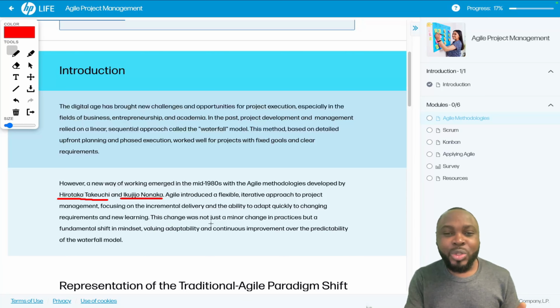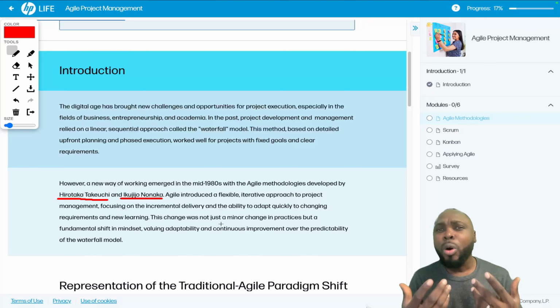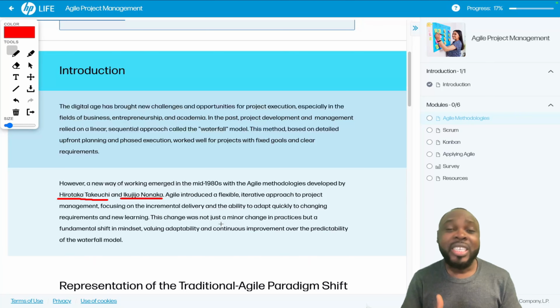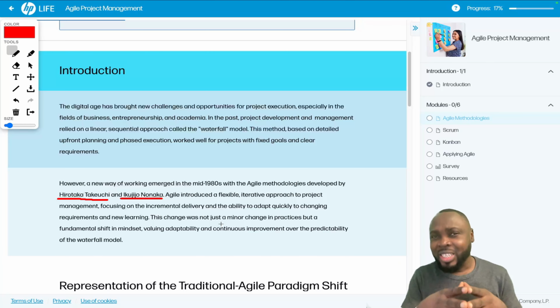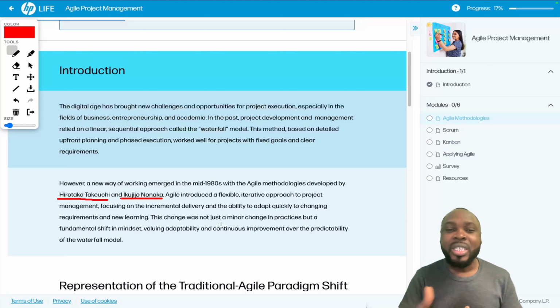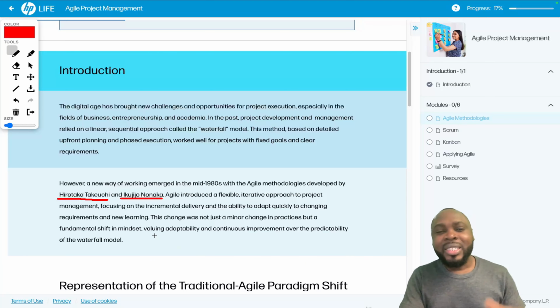Now, this change was not just a minor change in practice, but rather a change in ideology, in mindsets, in the way things should and will be done for us to see the outcome we need to see. It's valuing adaptability and continuous improvement over just the predictability of the linear or waterfall model.